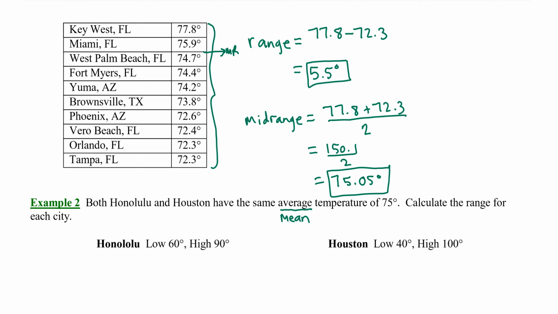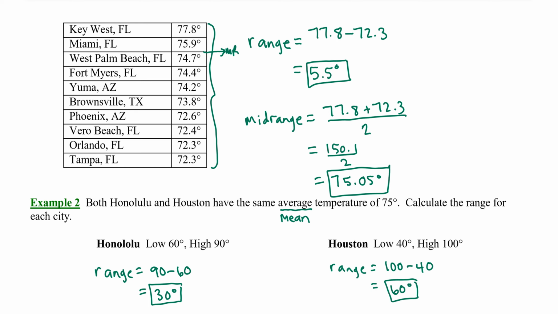Let's look at Honolulu. The range, again, is the difference between the highest and the lowest. So if I subtract those two numbers, I can see that the range of temperatures for Honolulu is 30 degrees. Now, let's calculate the range for Houston. So we're going to take the highest minus the lowest, and we end up with a 60-degree range.